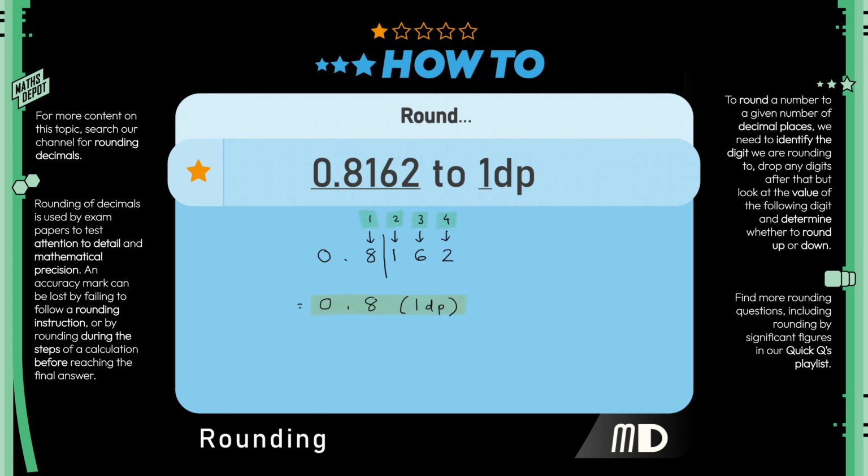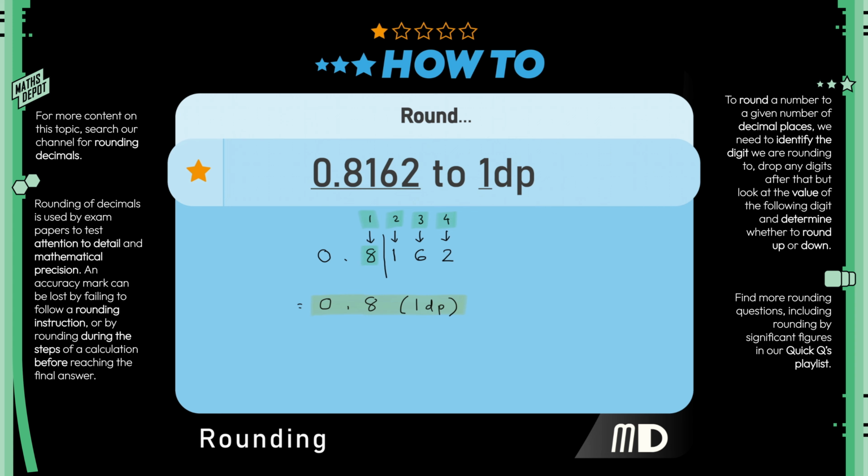Rounding this decimal to one decimal place means keeping everything up to and including the first digit after the decimal point. The first digit is the 8 digit, so we're removing any digits after that.